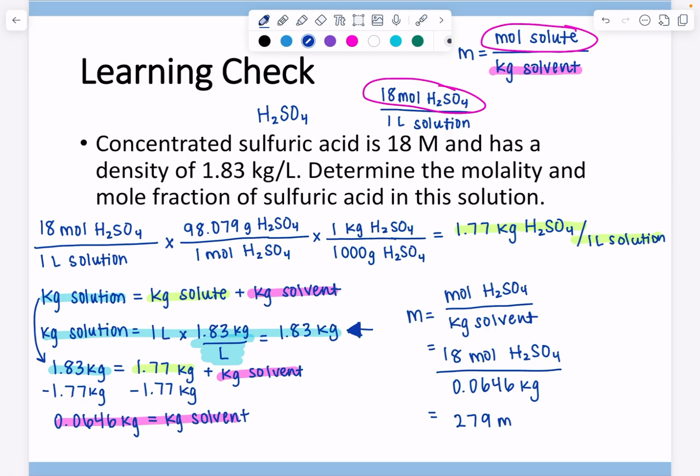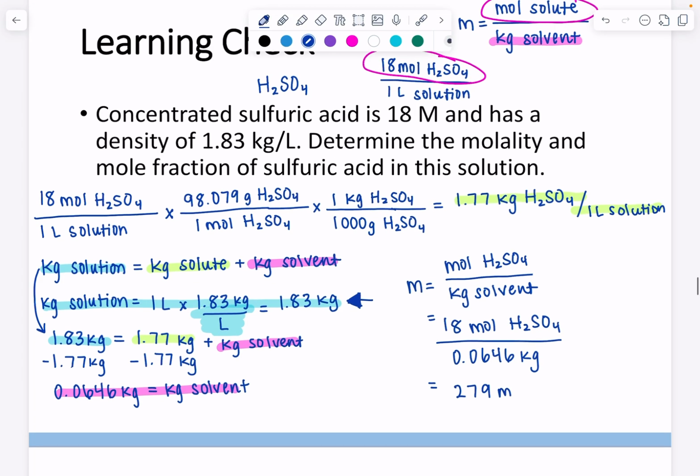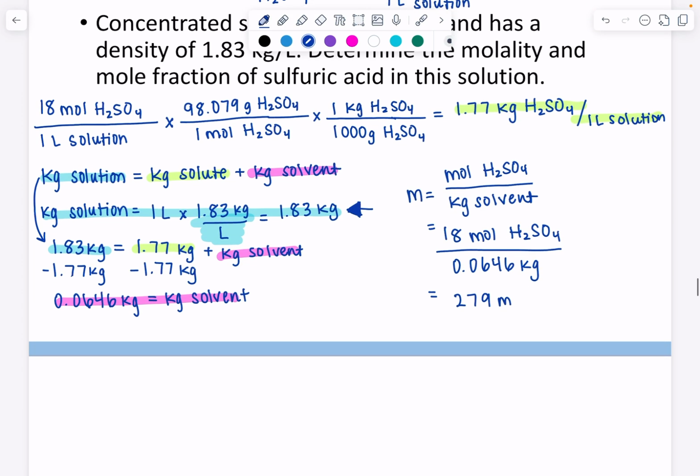Now we need to do mole fraction. And let's remember mole fraction. I added another page because this is a little long. This is capital X. This is moles of the solute, which we've already determined is 18 moles, divided by total moles of the solution.